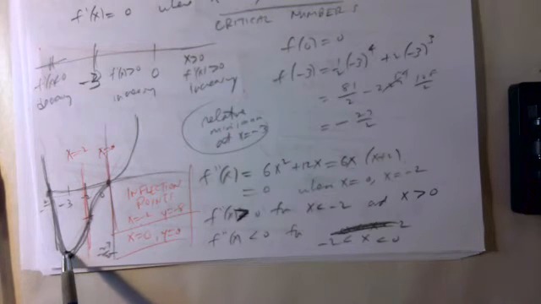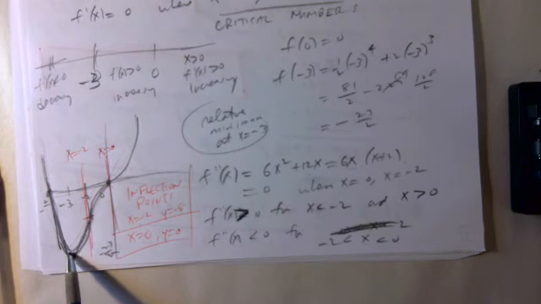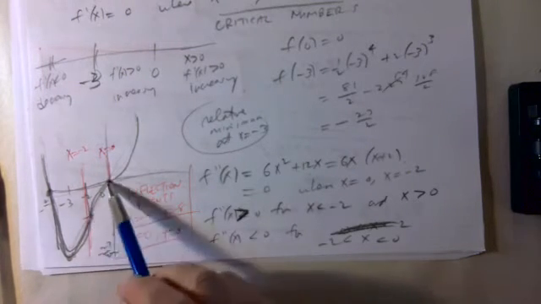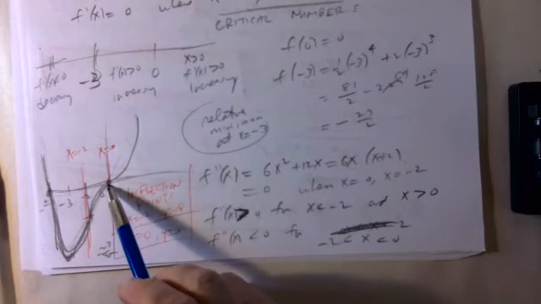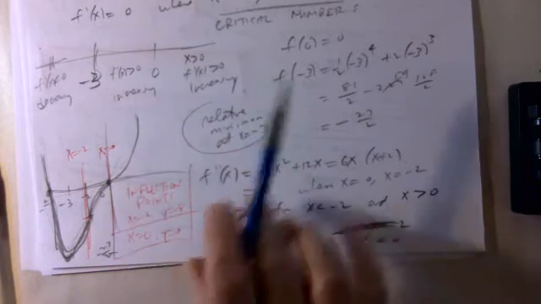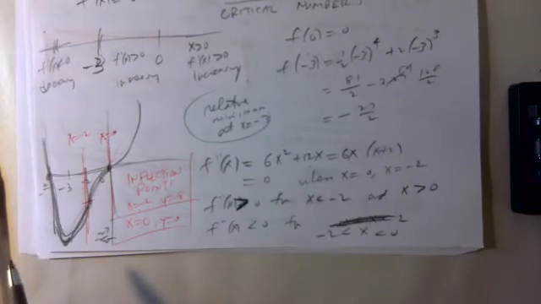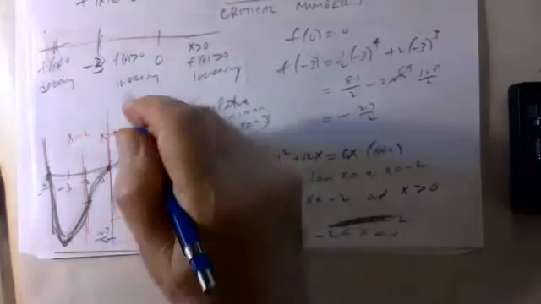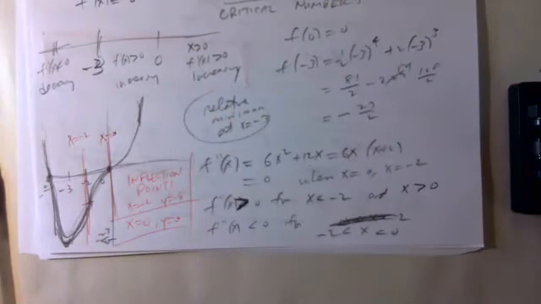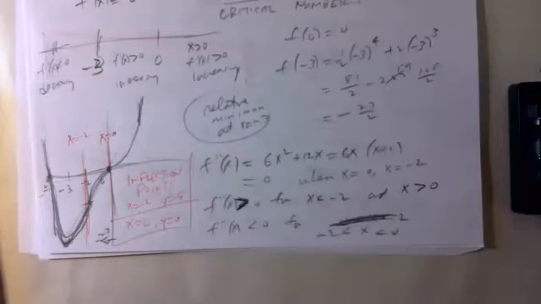Here the second derivative is positive, it's concave up. Here it's negative, it's concave down. Here it's positive, it's concave up again. And the graph of the function looks something like that. Since you have the advantage of knowing Maple or some other calculus software, you could actually graph it on your computer and see very clearly what's going on.